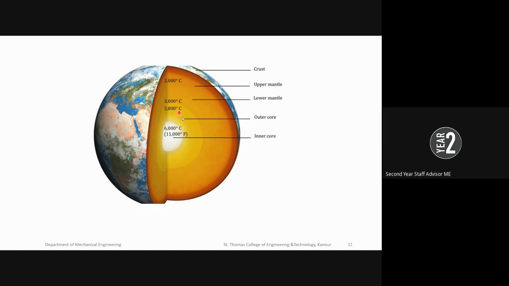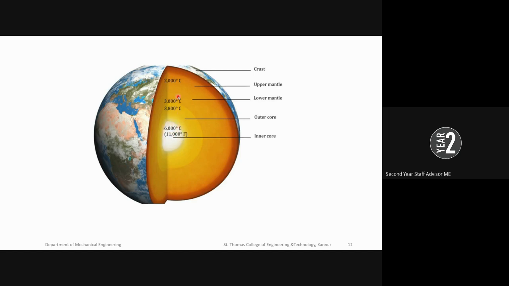That much energy is here. But the thing is that we have to dig that much. That much depth must be created in order to get that particular energy. So this is why the energy is there in the inner part of the Earth.